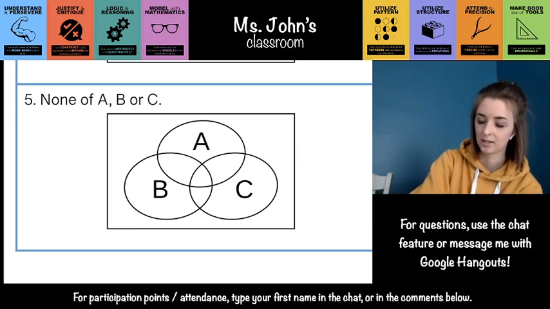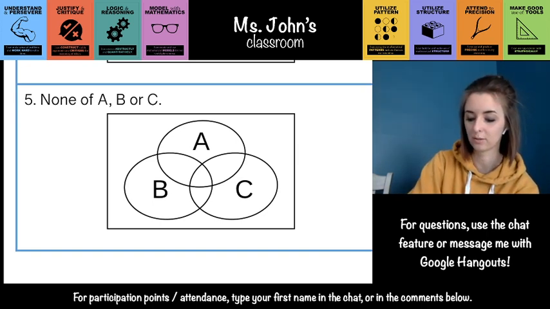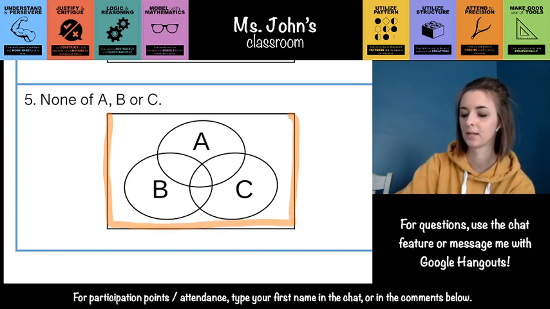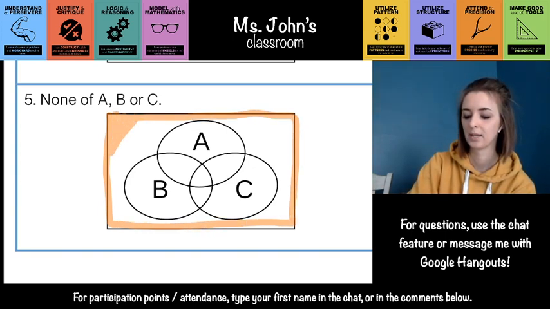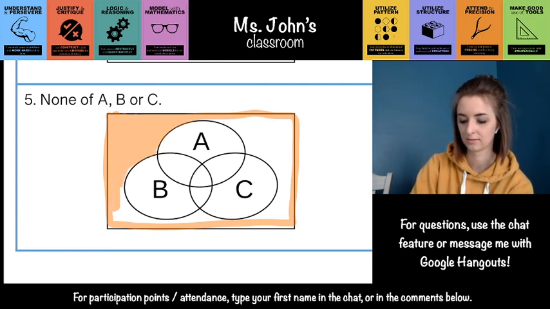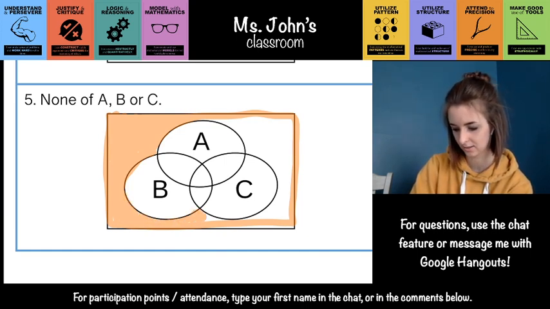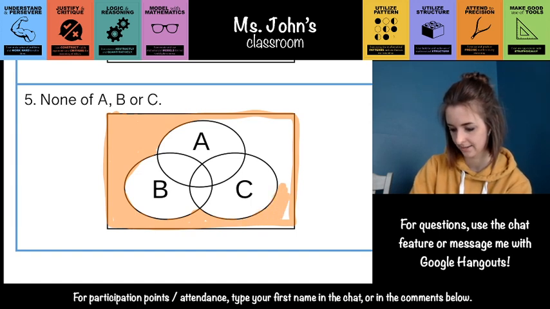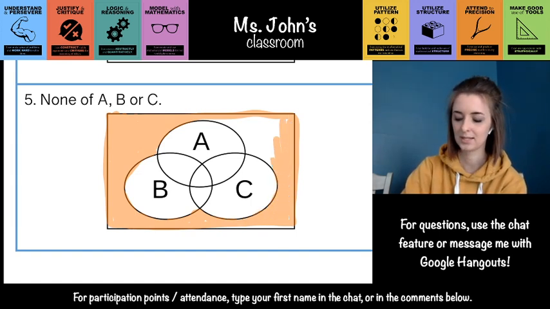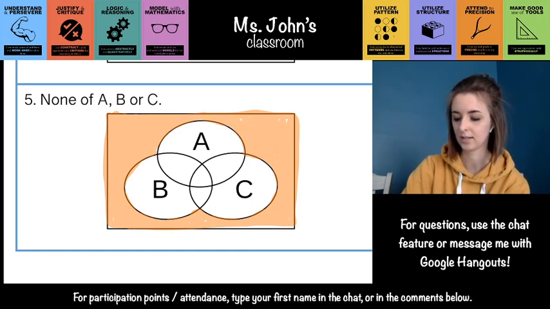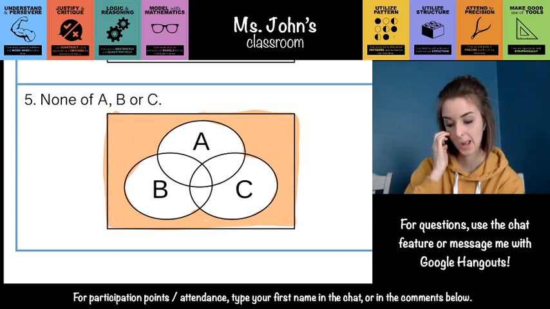And in this case, the only favorable part of this Venn diagram is the outside square. Anything happening is fine as long as it's not A, B, or C. So this is the exact opposite of the second statement we looked at.